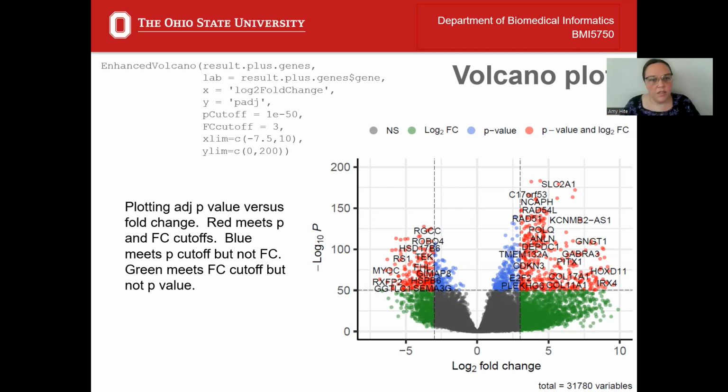And so our most interesting genes are going to be in these upper left and right quadrants of the volcano plot. Over here will be our most differentially expressed positively changing genes, and over on the other side will be our most differentially expressed negatively changing genes.